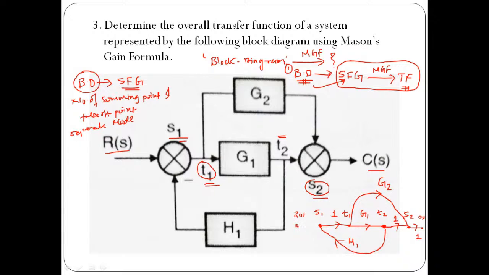And then R(s) is connected to C(s) with a branch of gain exactly equal to 1. So this is the logic that we need to implement to convert the block diagram into its corresponding signal flow graph. And once we have this, now it is very easy for us to find the transfer function using Mason's gain formula.